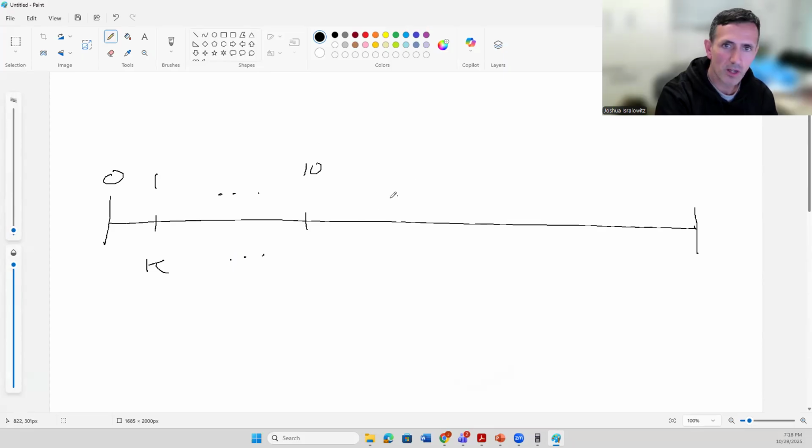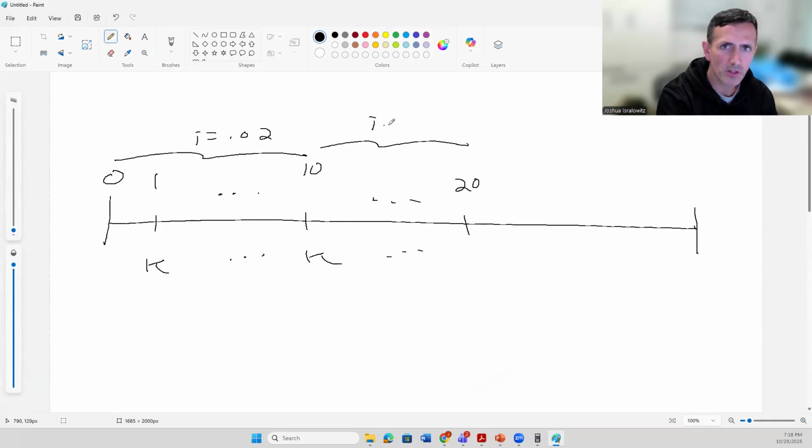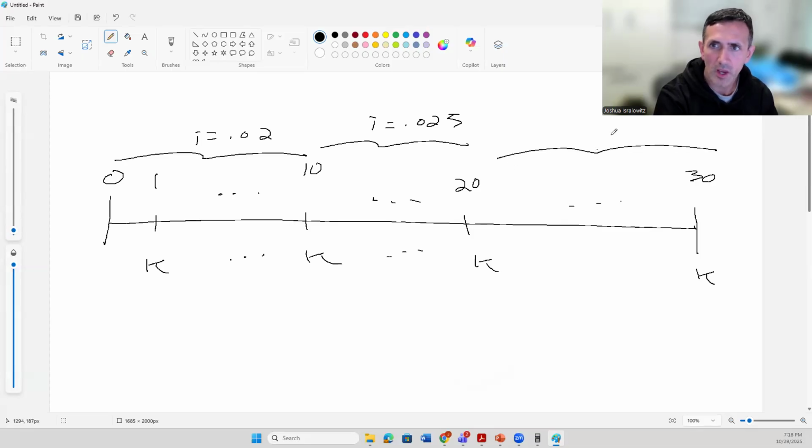So 2% until t equals 10. So 2%, then 2.5% here, and 3% for the last 10 years.